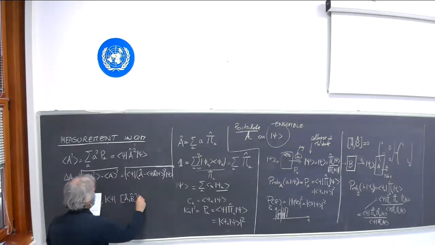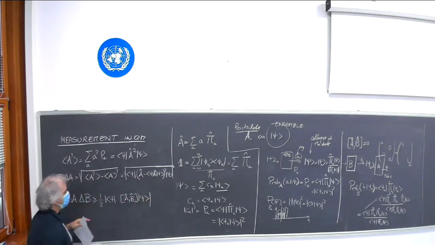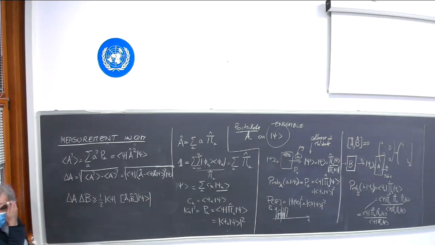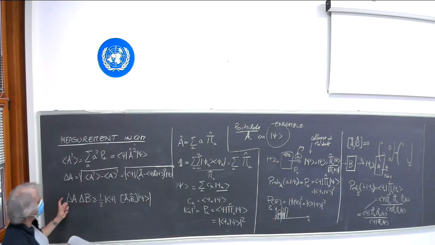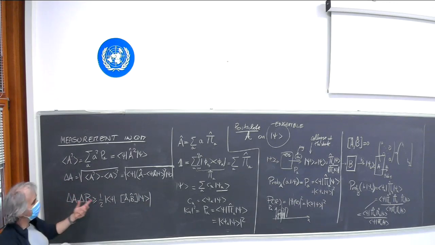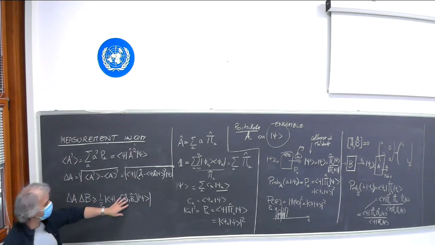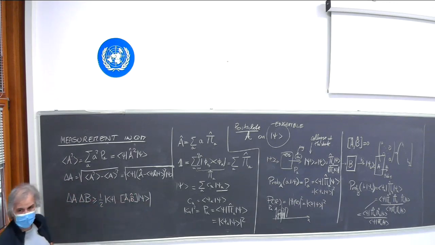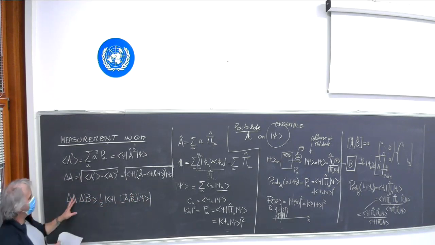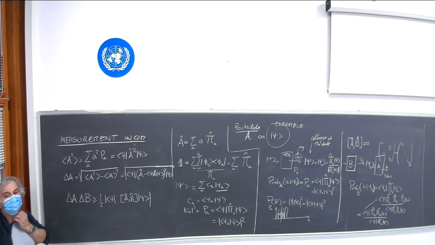Okay? In other words, if the two operators are compatible, so they commute, in general, I can reduce their uncertainty to 0. There is no lower limit because the commutator is 0. Okay? And therefore, I can, in principle, measure them simultaneously with infinite precision. I'll show you with an example how to do that.